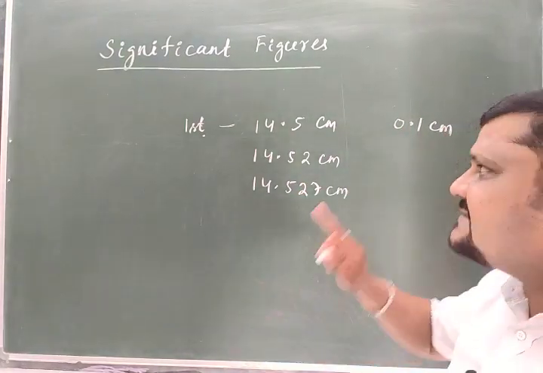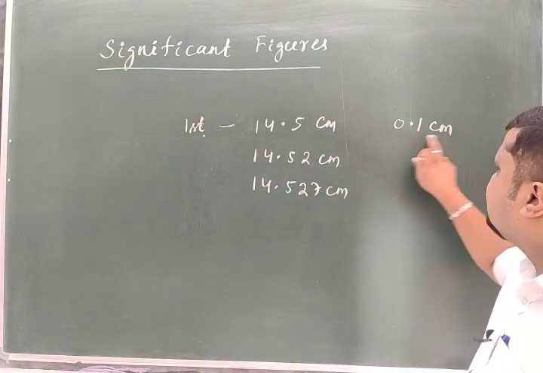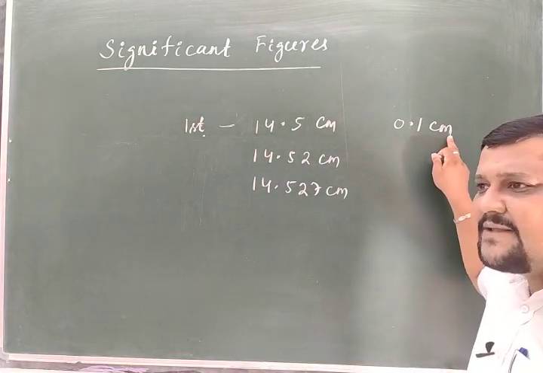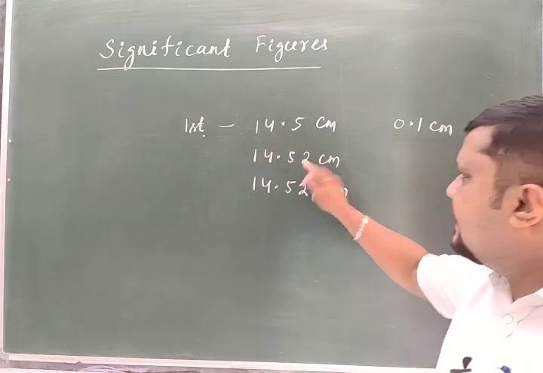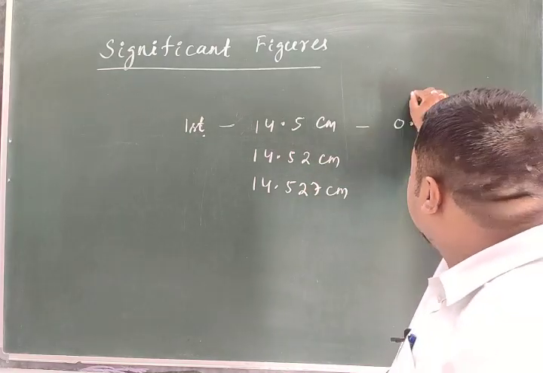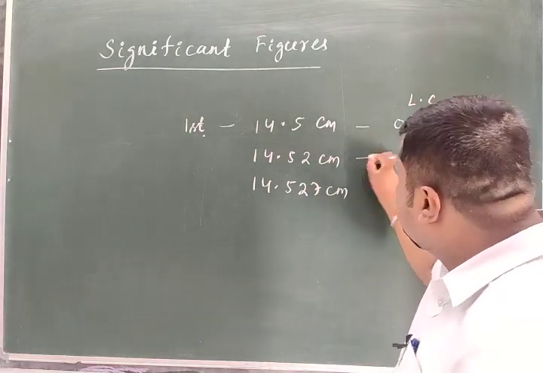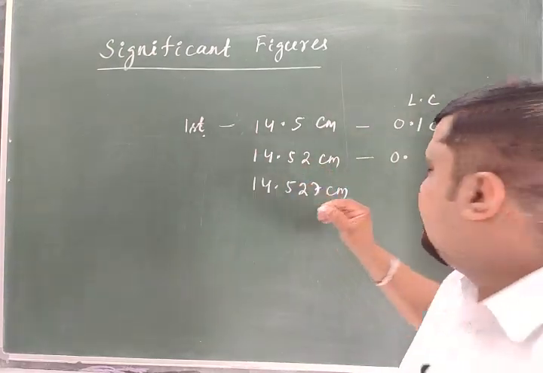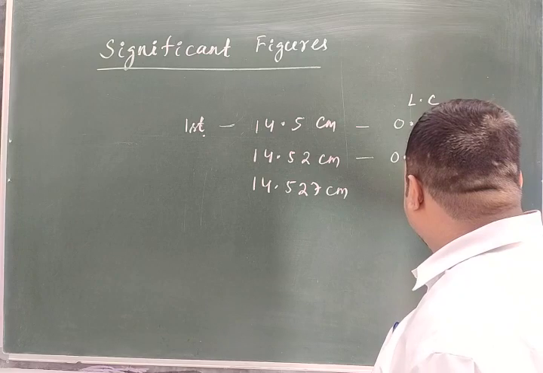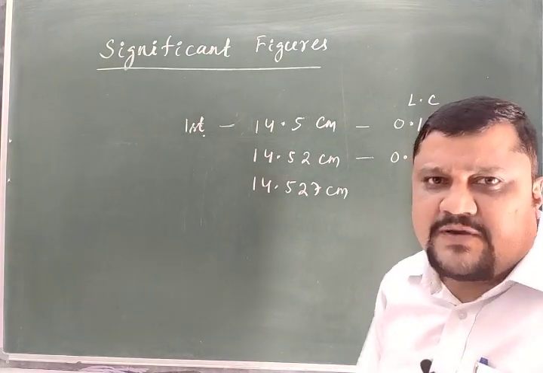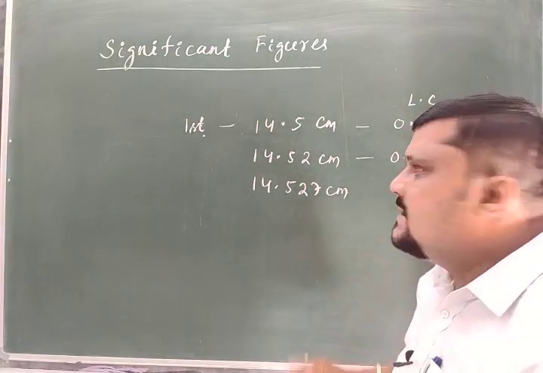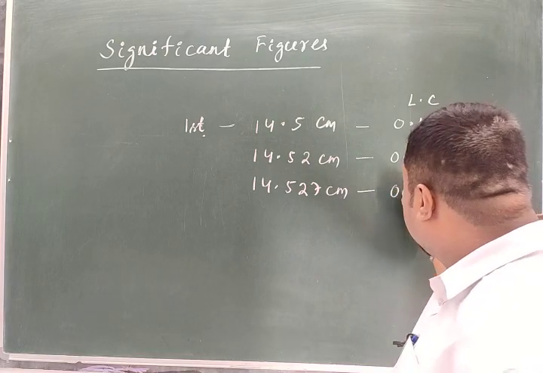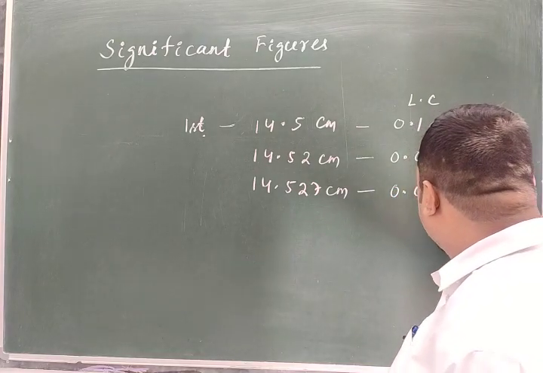Means the device can measure the minimum distance of 0.1 centimeter. That is the least count. In the second observation, we can say that the least count of that device he used is 0.01 centimeter. Means obviously this is not the same device. Then the third observation, the least count is 0.001 centimeter.